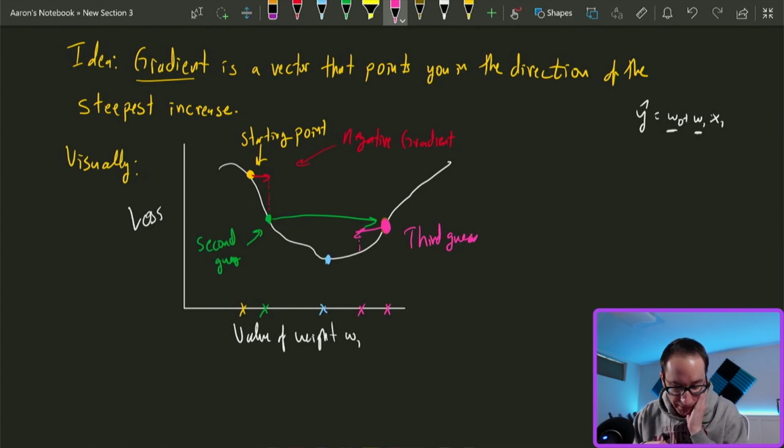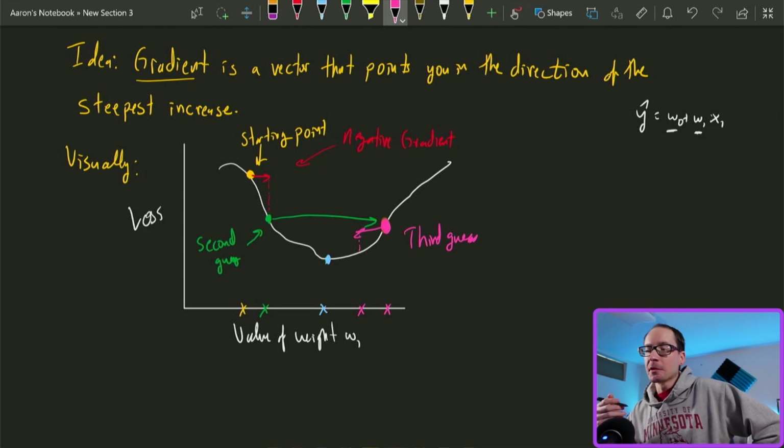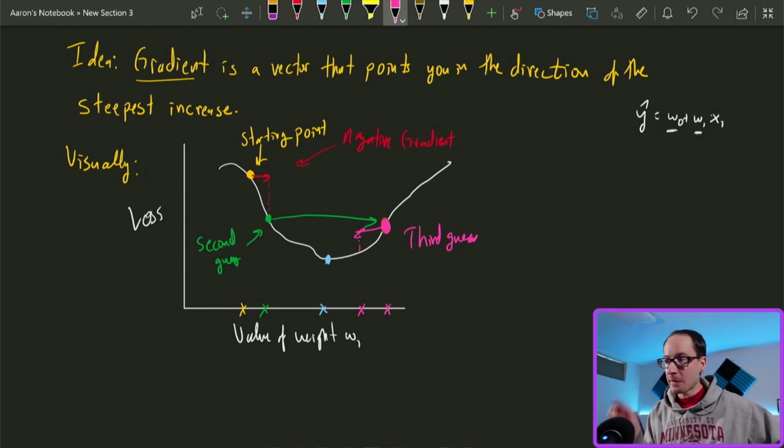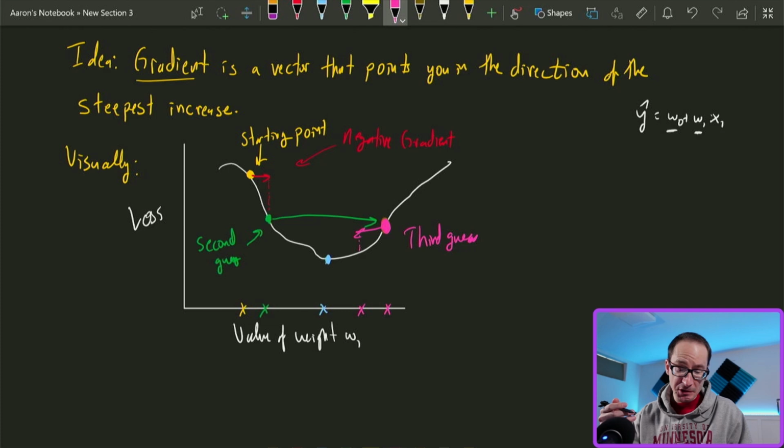So there's a lot that we could discuss about this, like this choice of step size. Generally speaking, small step sizes will help you avoid this idea of overshooting. But a good choice in step size can help you converge and get to that minimum more efficiently.